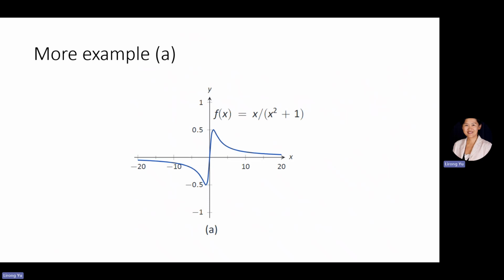In this example, we can see that the whole thing is connected because there's no asymptote. If we try to make the denominator equal to 0, the denominator is x squared plus 1. If you make it equal to 0, there's no solution because x squared is positive. x squared plus 1 is always bigger than 1. So x squared plus 1 equal to 0 has no real solution.